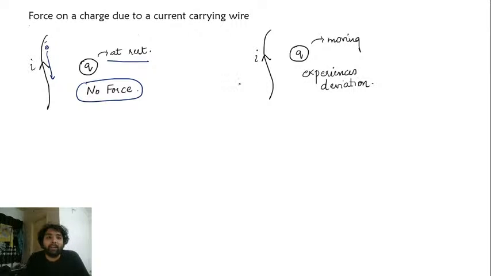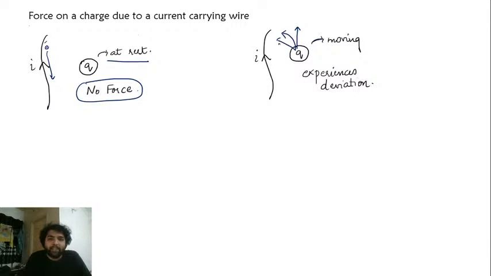Okay. But then if you start moving the charge, suppose you start moving it up or down. All right. So if this charge is moving forward, it will not go in a straight line. It will start experiencing deviations.